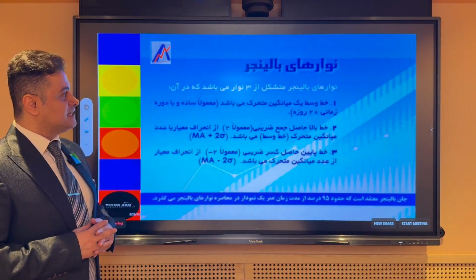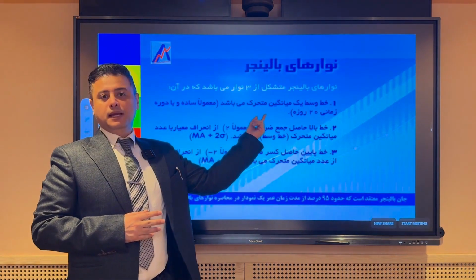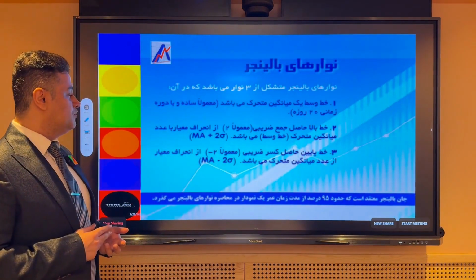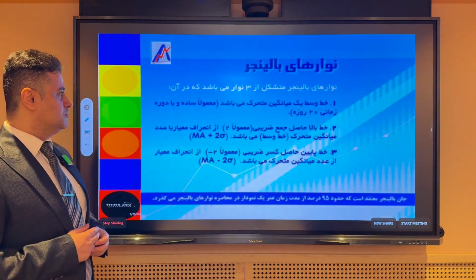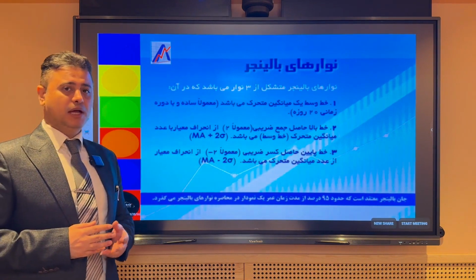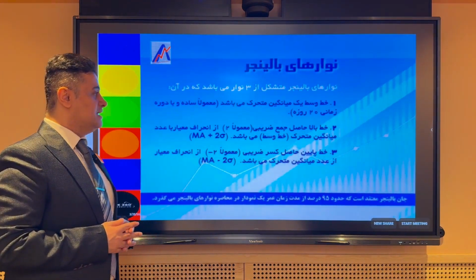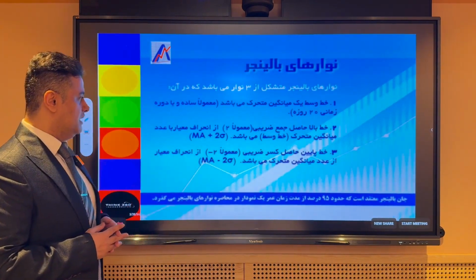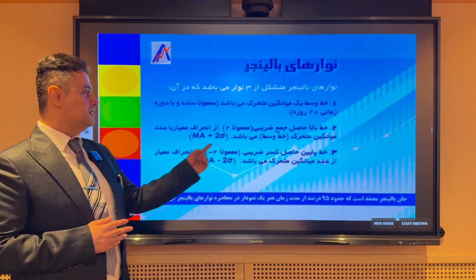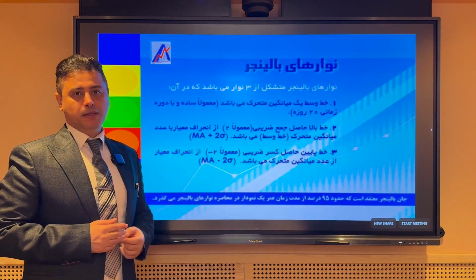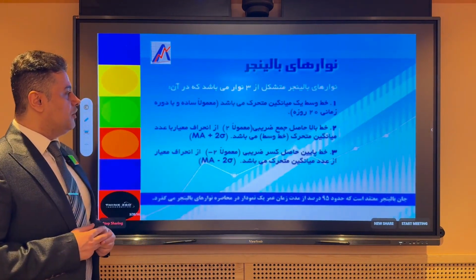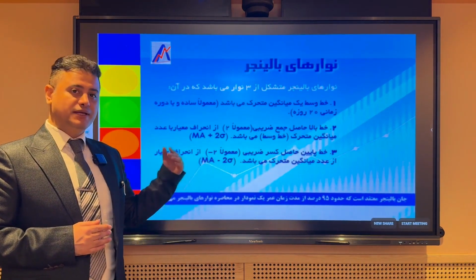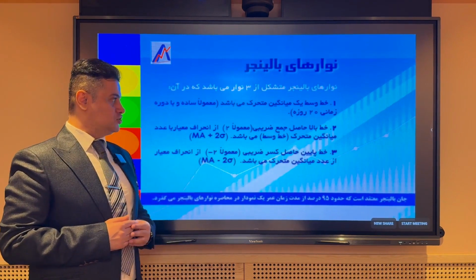The middle Bollinger Band is itself a moving average, and usually this moving average is a simple moving average with a period of 20 days. The upper Bollinger Band is usually 2 standard deviations away from your moving average, and the lower Bollinger Band is also 2 standard deviations below your moving average.